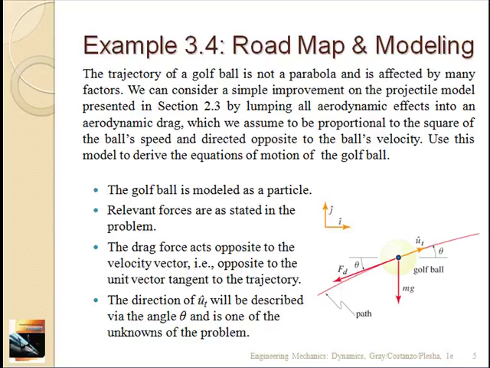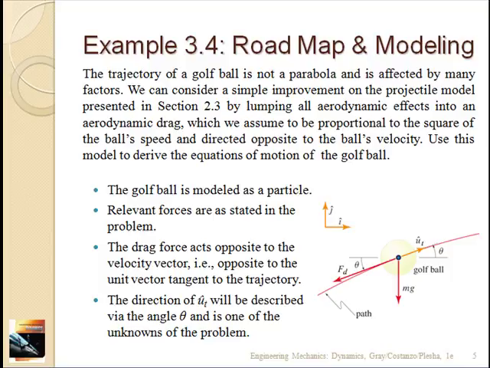The first one is the trajectory of a golf ball. So we've done many problems for years now where you've got some projectile in a gravitational field, and we see that it follows a parabolic trajectory. Well, that assumes there's no drag forces on the body. We just assume gravity acts on the body.